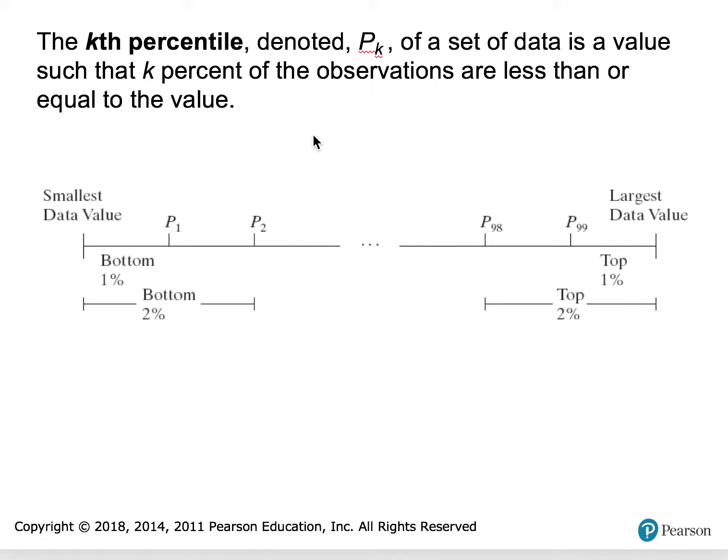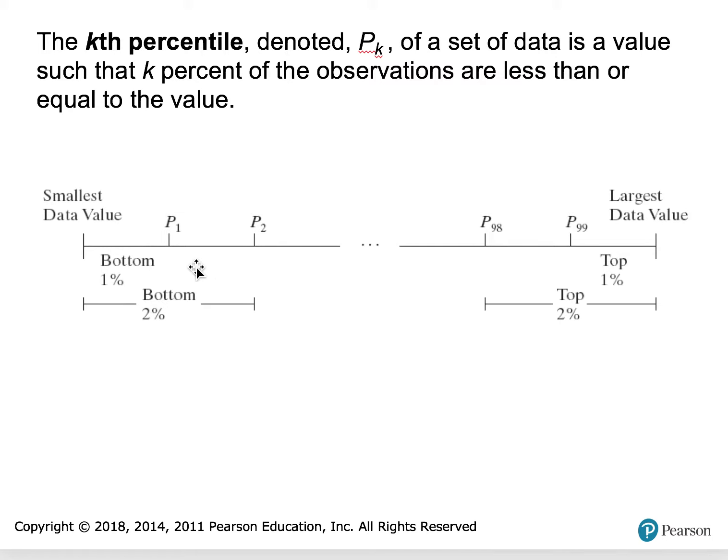Okay, so think about this. Percentiles divide the set of data into 100 parts, right? A percent is 100%, right? Okay, so P sub 1 is the bottom 1% of the observations. P sub 2 is the bottom 2%.